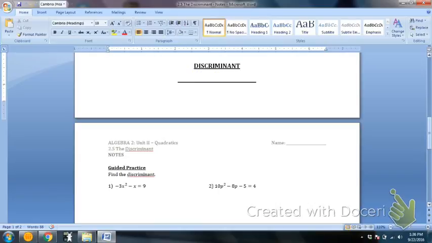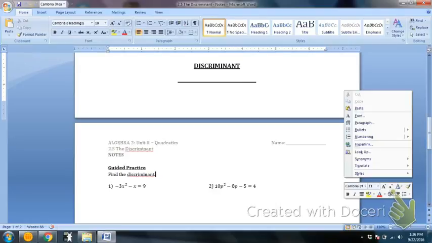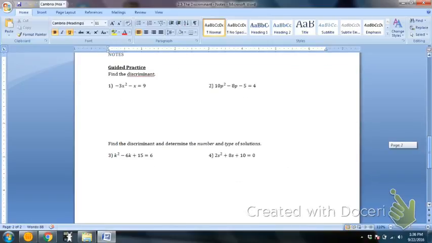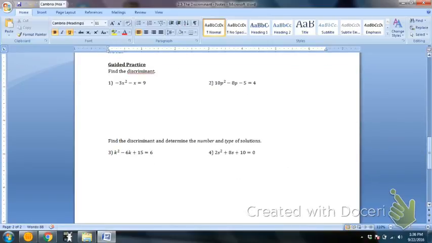And that comes from the quadratic formula, right? Okay, so if we look at the next page, the next examples, it says find the discriminant. All I need to do is find the value of the discriminant. So if I have b squared minus 4ac, remember this is my discriminant expression.